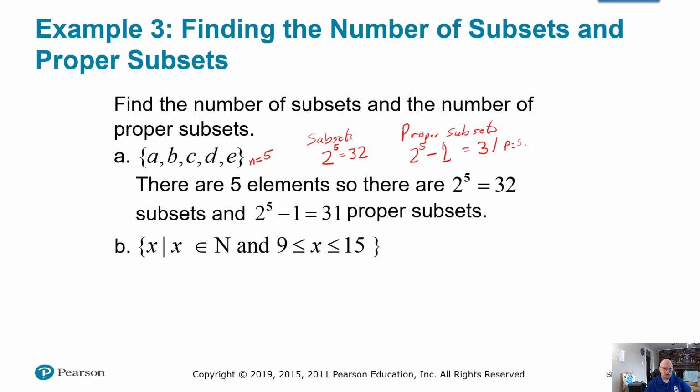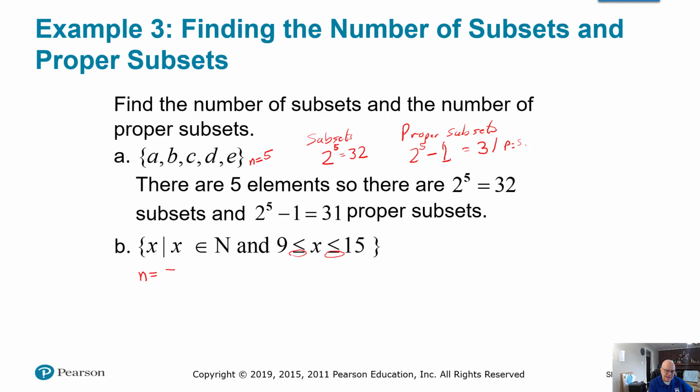How about this one? First of all, how many items do you have? Well, it says you're talking about natural numbers, that's counting numbers, from 9 to 15 inclusive, because it includes 9 and it includes 15. How many does that give you? Got it?